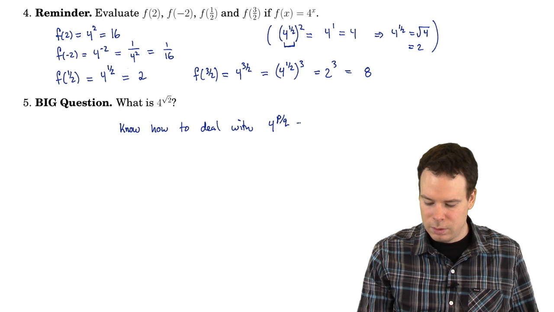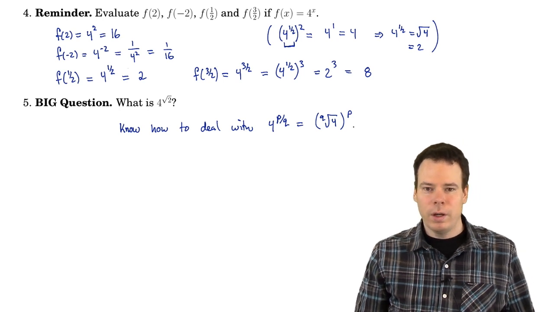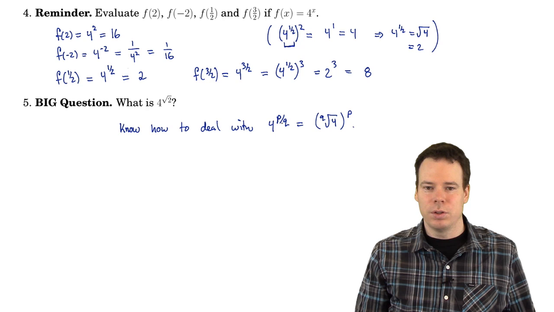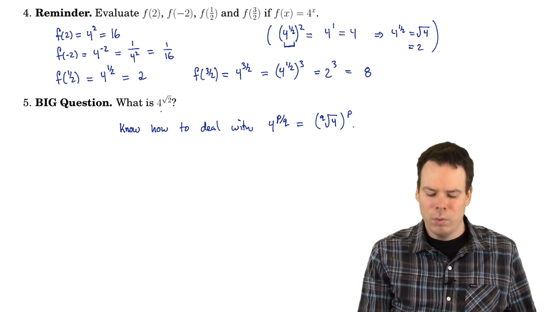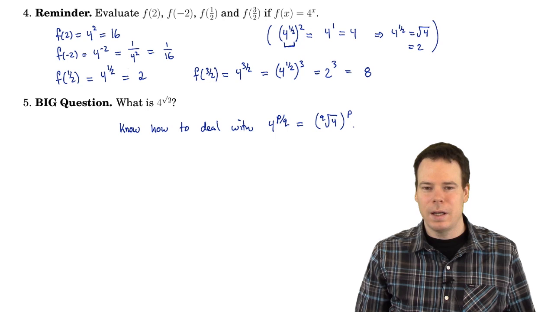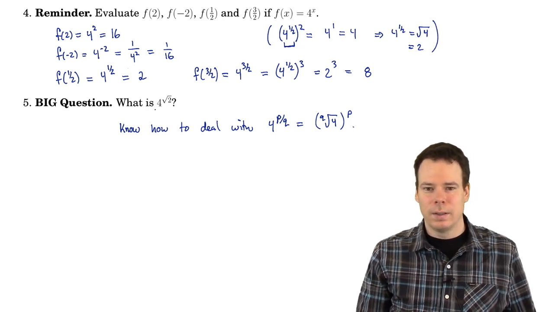This just means take the qth root of 4 and then raise it to the power of p. We know how to deal with 4 to the rational number p over q for any rational number. But what does it mean to take 4 to the power of root 2, which is an irrational number? What does it mean to take the root 2th power of 4?